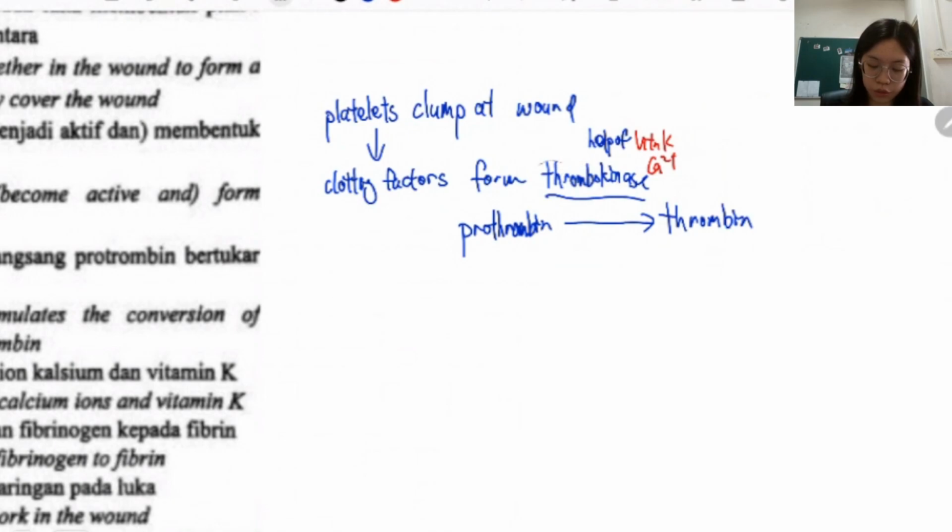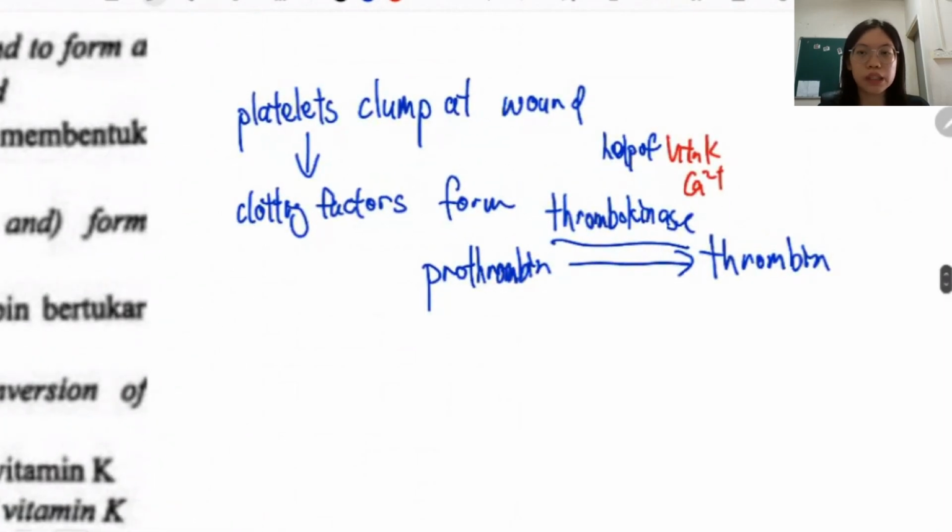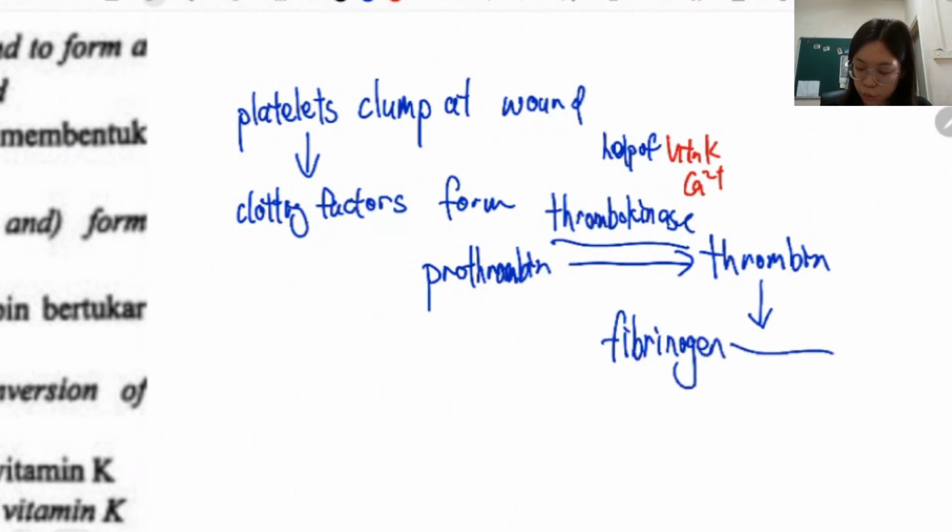So with the help of vitamin K and Ca2+, that's why this vitamin, vitamin K, is very important for blood clotting. And then this thrombin is also acting as an enzyme to convert fibrinogen to fibrin.